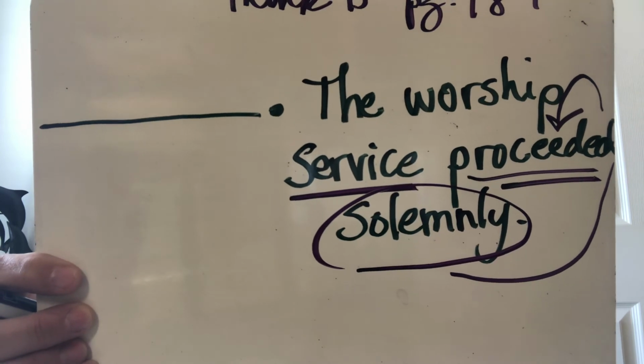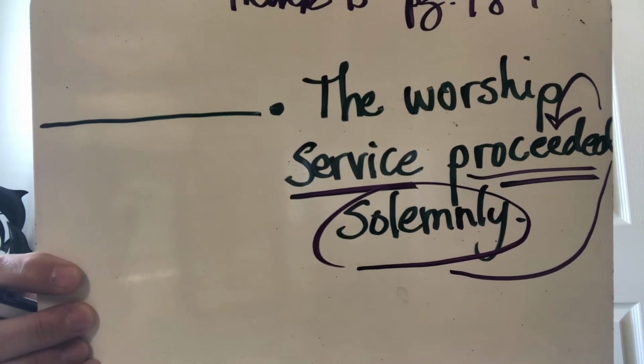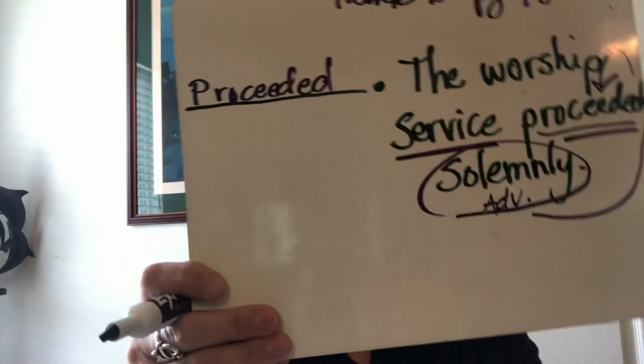If I can find the subject and the verb, then I can find all the other pieces to our puzzle. So if this is my adverb, solemnly, then I'm going to write in the blank the verb or verb phrase that it's describing.